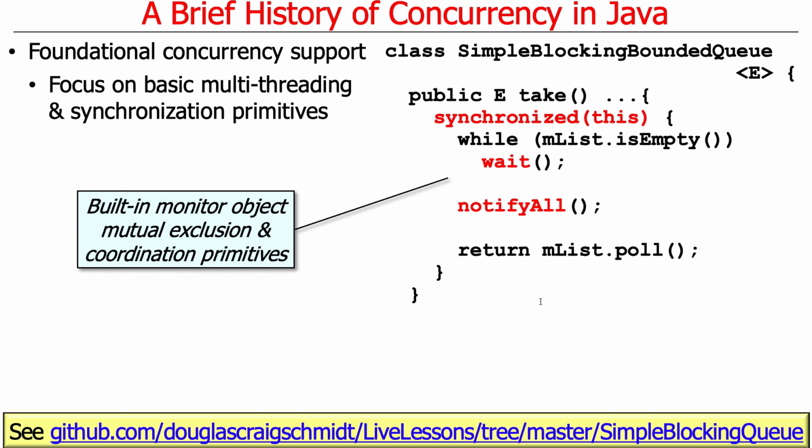Once I get through this so-called guarded suspension loop, I will tell anybody who's waiting to put something into the queue that the queue is no longer full, if that was a condition to be worried about. Then I remove the first item from the queue and return it. When this closed curly brace is reached, that will automatically unlock this lock. And then someone else can come in and either add or remove, put or take, into the queue.